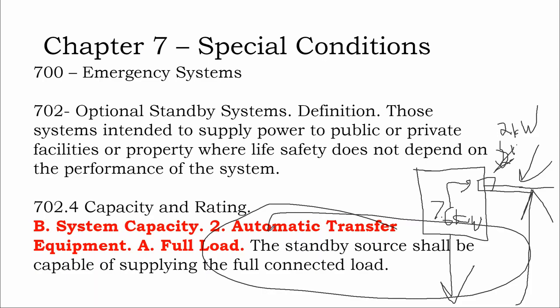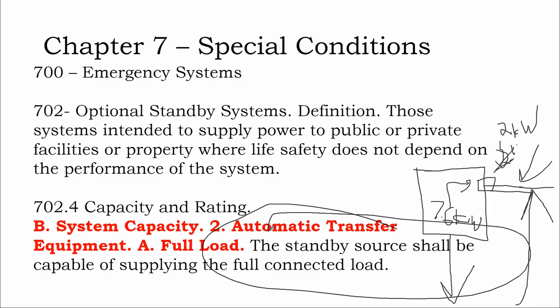You can't have a critical load panel that you turn on during an emergency and it doesn't work because it's overloaded. Having your whole house on a backup system would require delivering enough power to supply your whole house, and that would mean you'd need a much larger and much more expensive system.